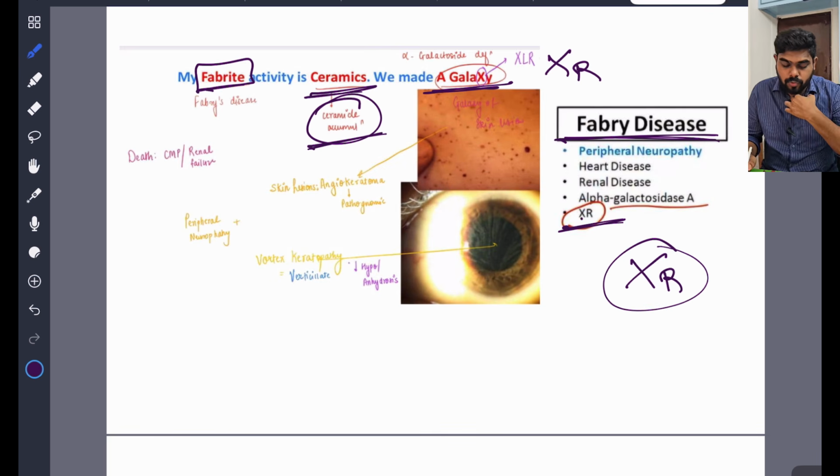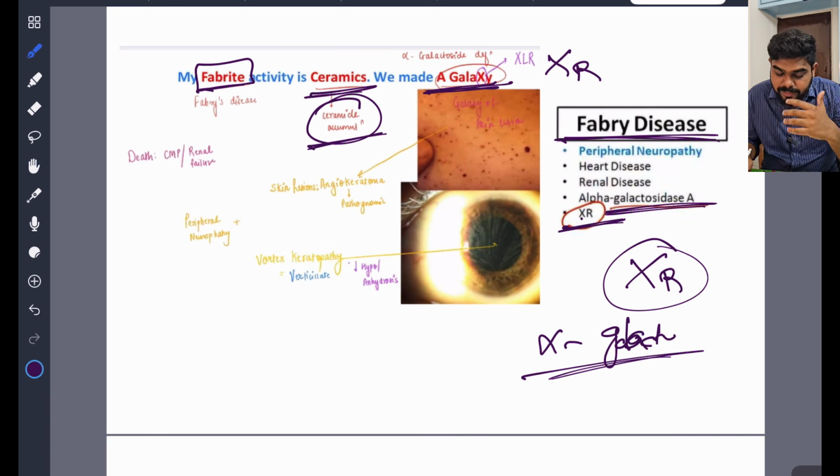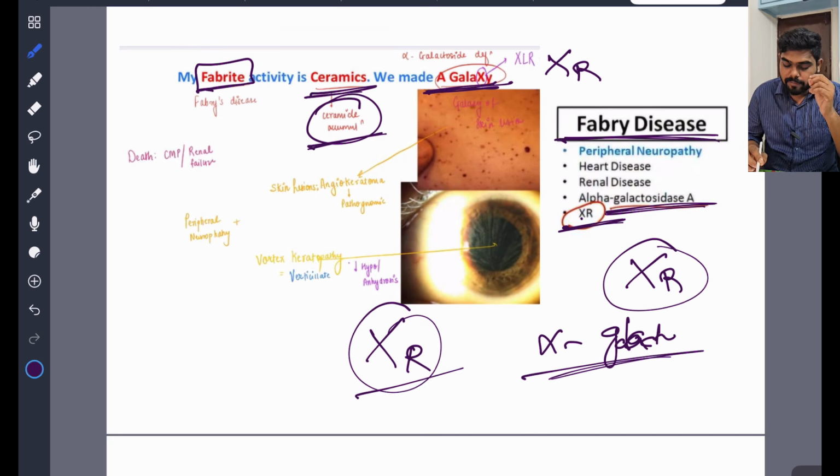Important. And we made a galaxy: alpha galactosidase A, and galaxy X for X-linked recessive, and you can see ceramide accumulation will be there.